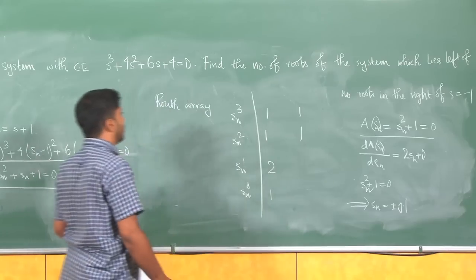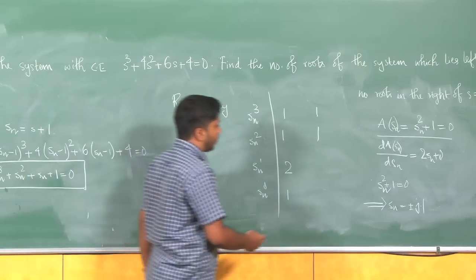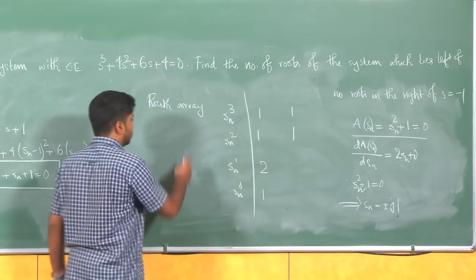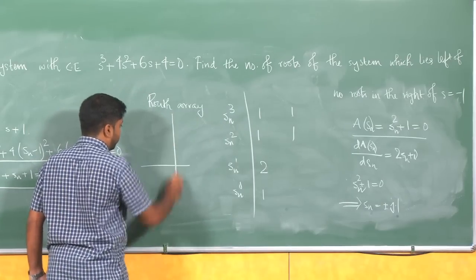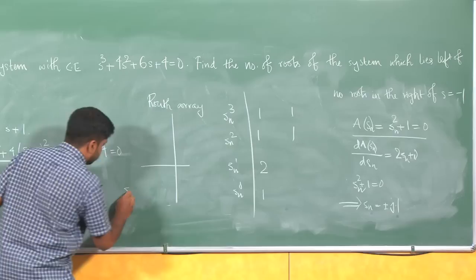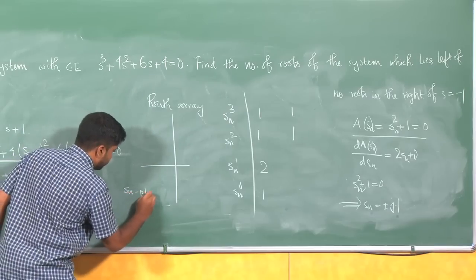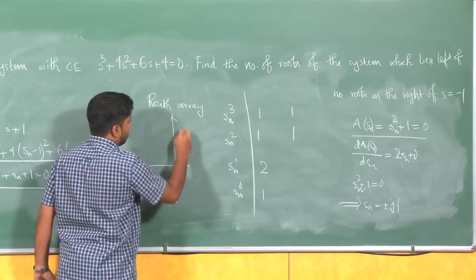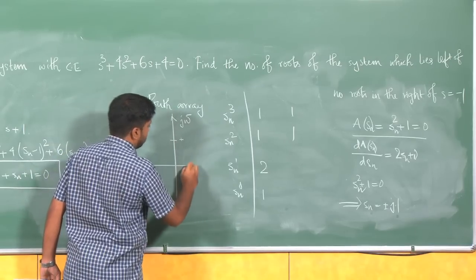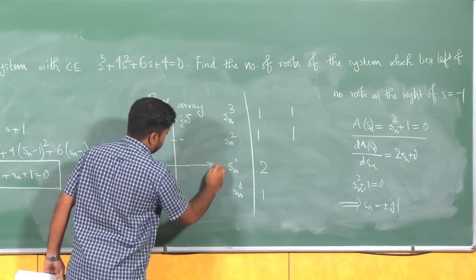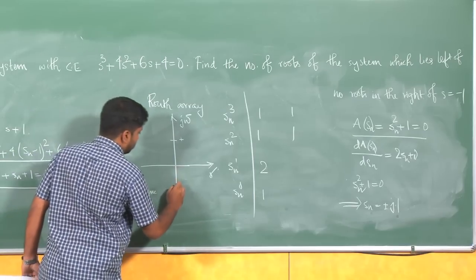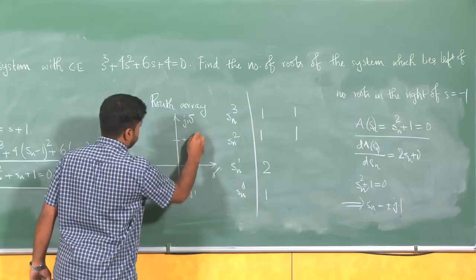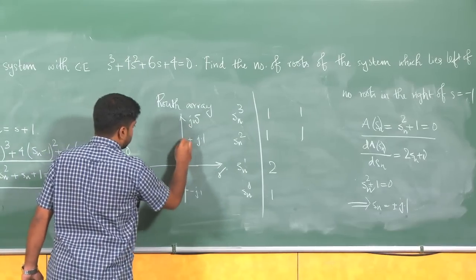So, what we get is that there are two imaginary roots on the imaginary axis of the shifted plane S_n, with j omega and sigma axes. So, there will be two roots.